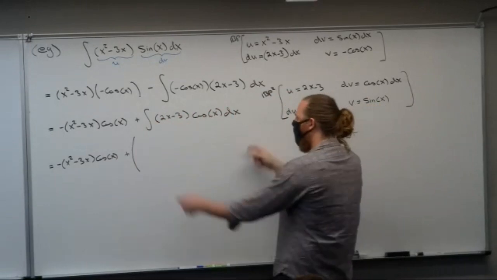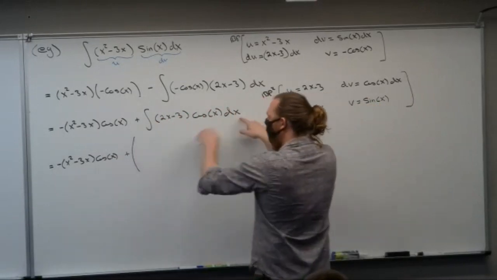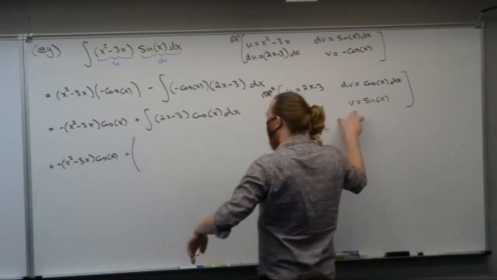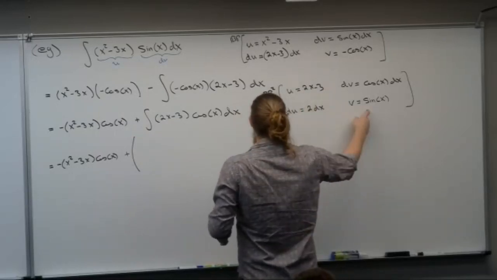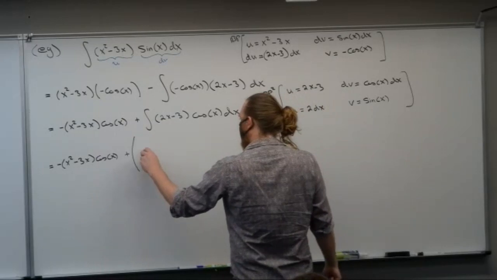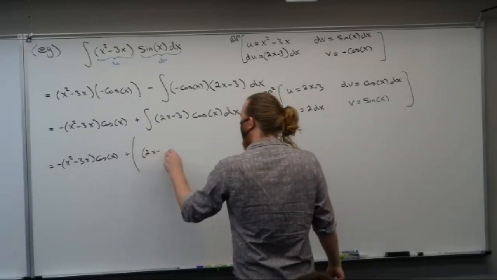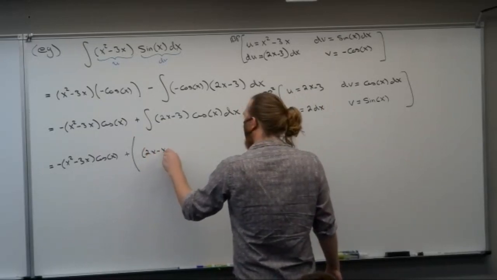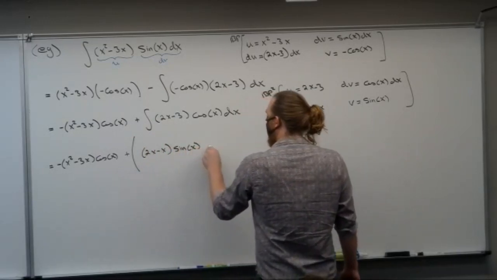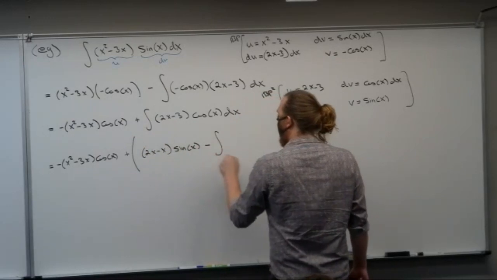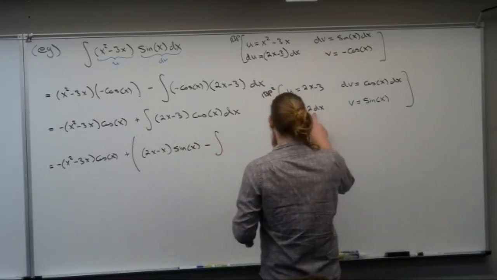So good discipline is anytime you replace an integral in line with an integration by parts term, you should put it in parentheses. U times v, so 2x minus 3 times the sine of x, minus the integral of v du.